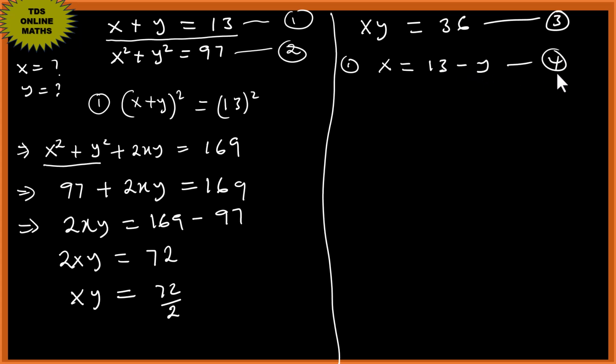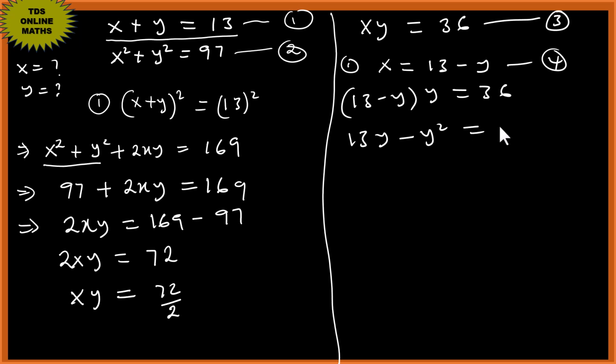So where you see x in equation 3, you put 13 minus y. We have 13 minus y times y equals 36. So we have 13y minus y squared equals 36.